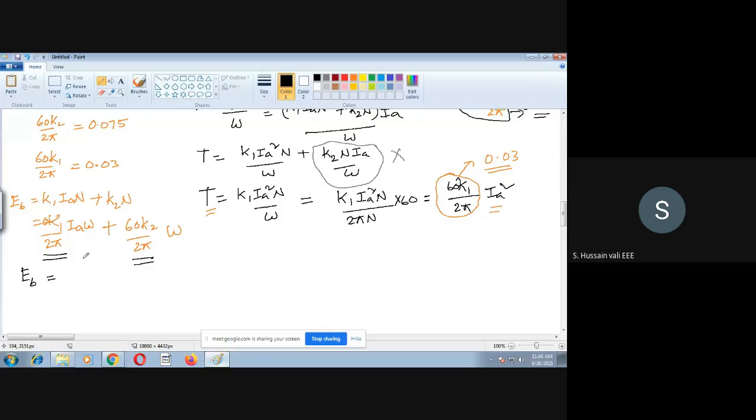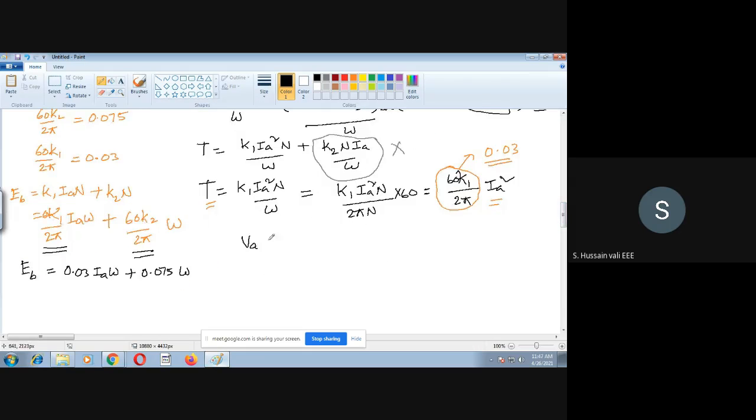So EB is equal to 0.03 Ia omega plus 60K2 by 2 pi, that is 0.075 into omega. This is the EB value. Then what is the VA value? Because VA is equal to EB plus IA RA, that is 0.03 Ia omega plus 0.075 omega plus Ia RA.